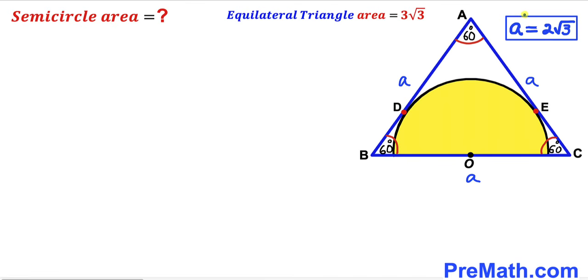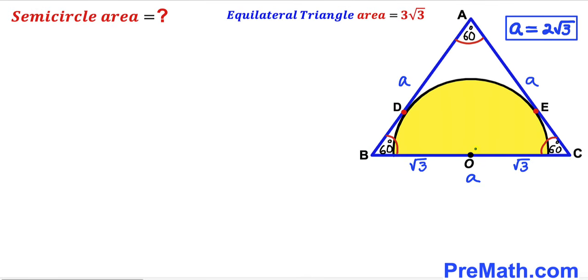So thus the side length of this equilateral triangle turns out to be 2 times square root of 3 units. So therefore this side BC length is going to be 2 times square root of 3. In other words, this segment length BO is going to be half of that one, which is square root of 3, and likewise this OC length is going to be square root of 3 as well.